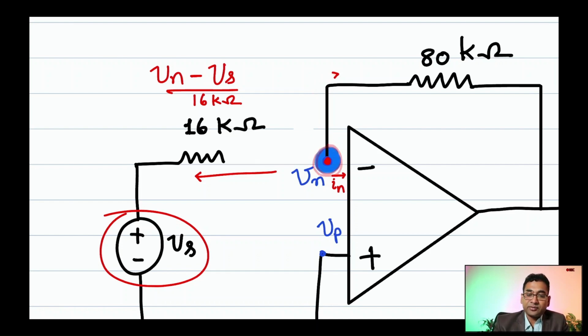Now let's see. Let me draw this back. There it is. That's one current. The second current is the current going in the northward direction. That's the current flowing in this branch. What would be that current?